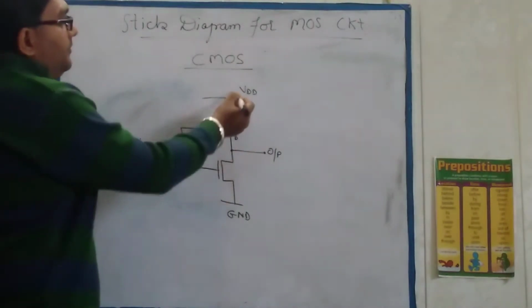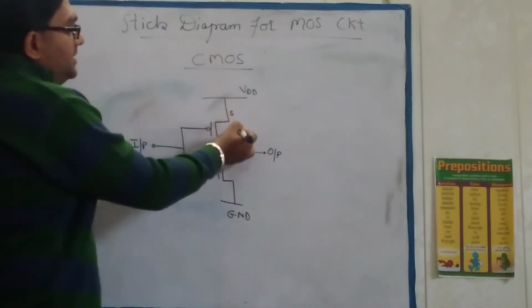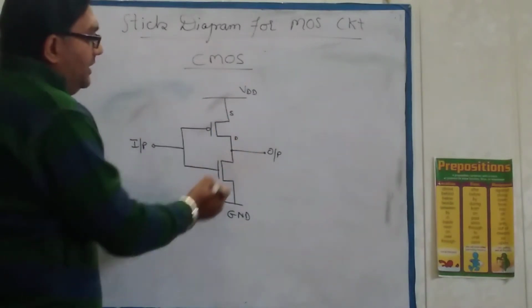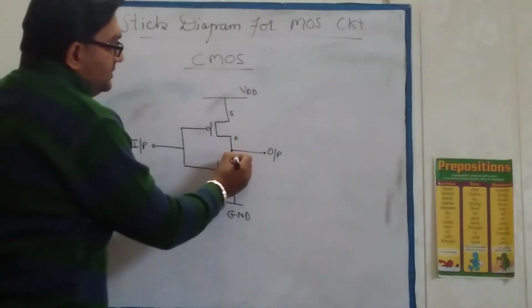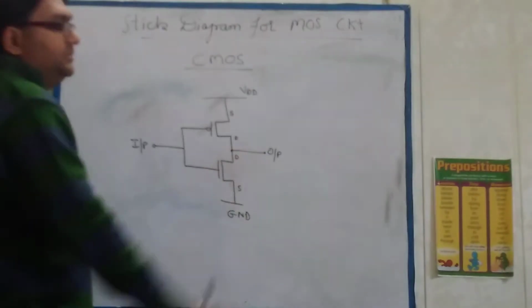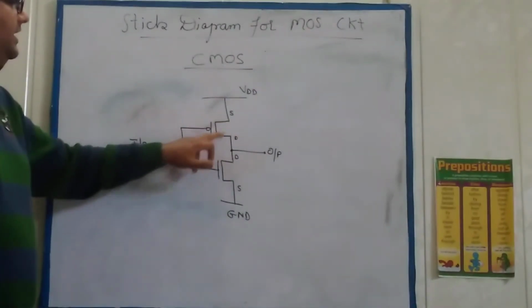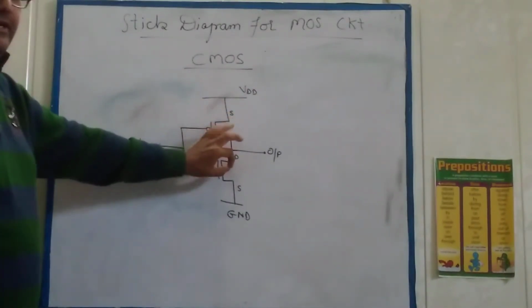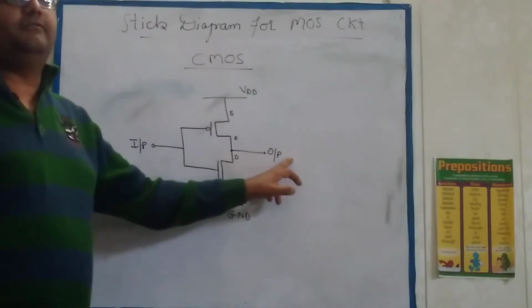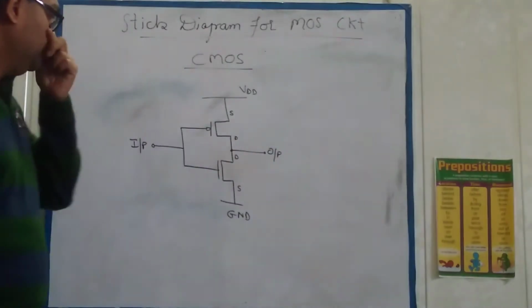Always remember, for the PMOS, the source is upper and the drain is lower. For the NMOS, the drain is upper and the source is lower. So the drains of both transistors are connected together and commonly taken for the output.